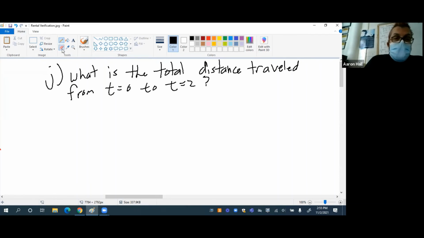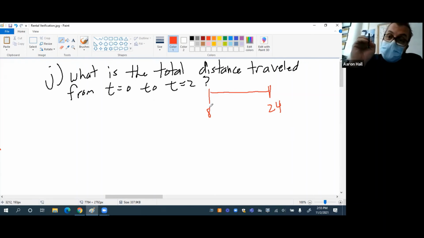Now let's try to wrap our heads around what's happening here. The distance traveled cannot be less than the displacement, but it is possible for the distance to be more. If we're starting at 24 and we're moving left 16 units to 8, that's our displacement.